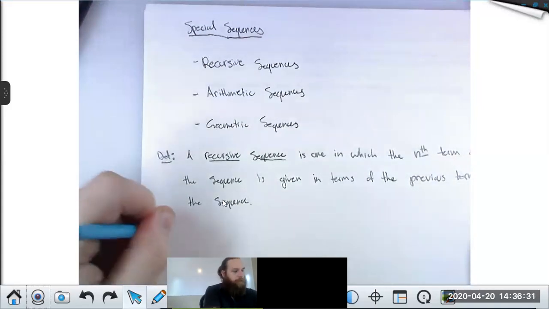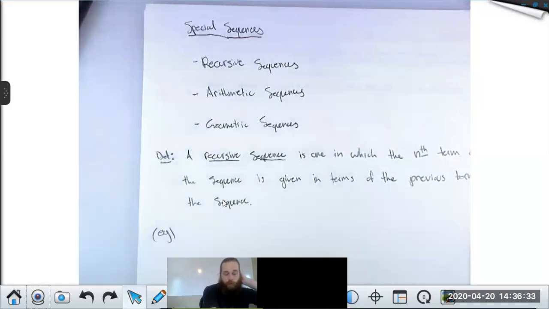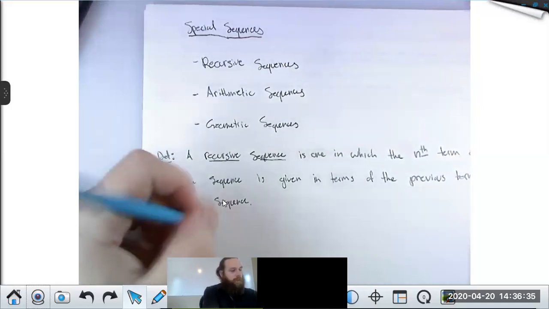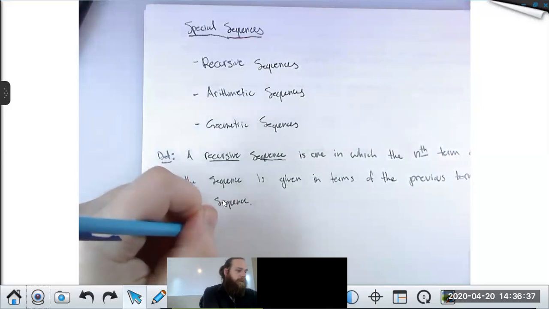So an example of a recursive sequence is the factorial. Maybe I'll use an here again.